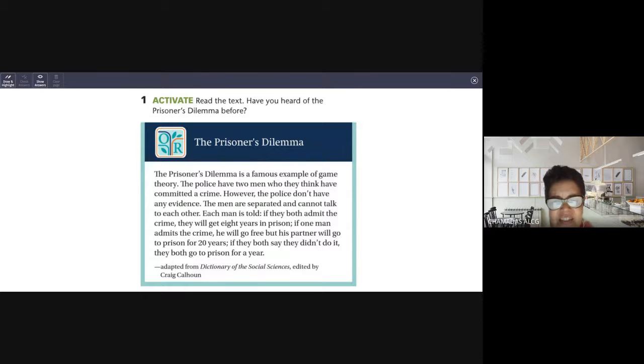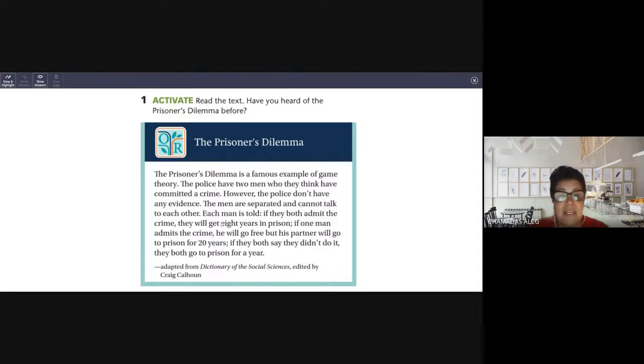It's interesting, isn't it? That's why it's called the prisoner's dilemma. So they are separated, they cannot talk to each other, so they cannot agree on a common answer. So each man is told if they both admit the crime, they will get 8 years in prison.